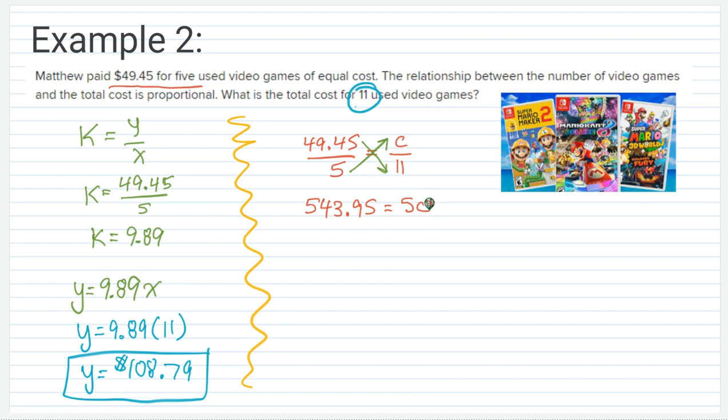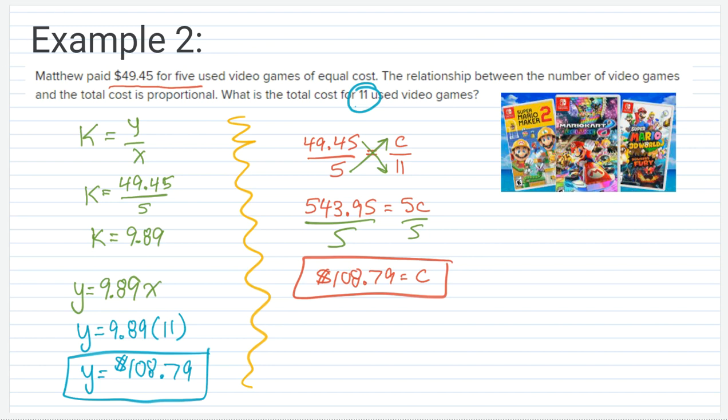And now we just have a one-step equation to solve. To solve this one-step equation, we're going to divide both sides by 5. And we're going to find that our cost is $108.79. So same answer, 2 different ways of solving it.